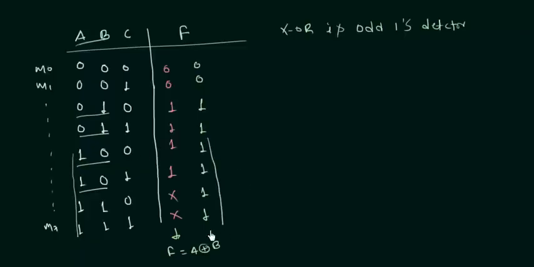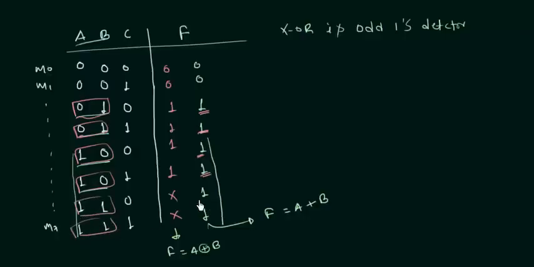So I can say that for this particular case, the function f is equal to A or B. Let's see it again. 0 1, A or B is 1. 0 1, A or B is 1. 1 0, it's again 1, and 1 0, it's 1. And for the last two cases, A and B both are 1, so definitely the output is 1. So I can write f is equal to A or B.